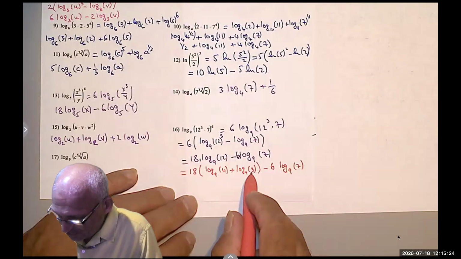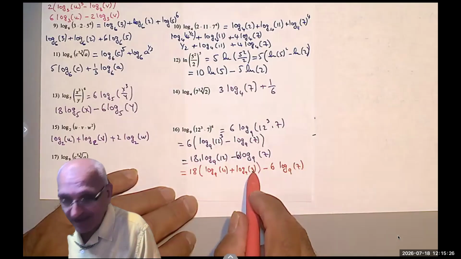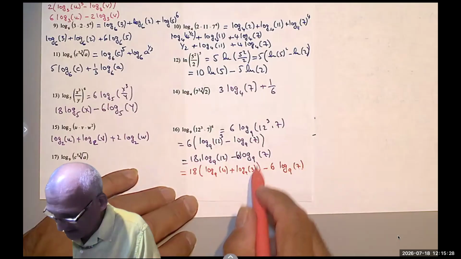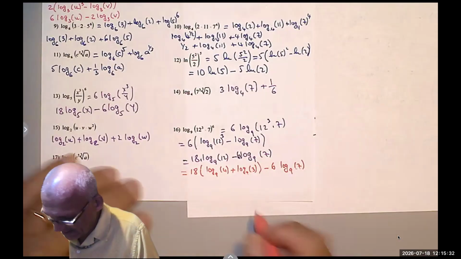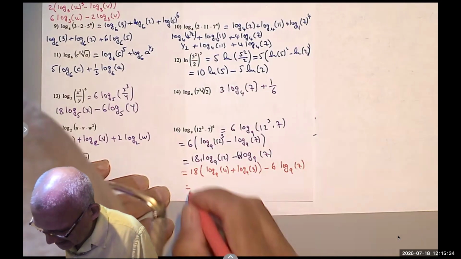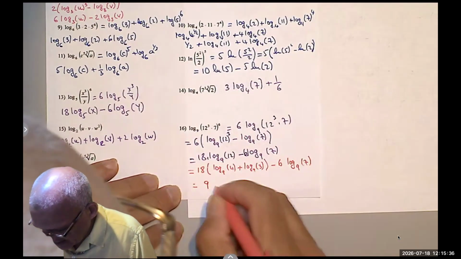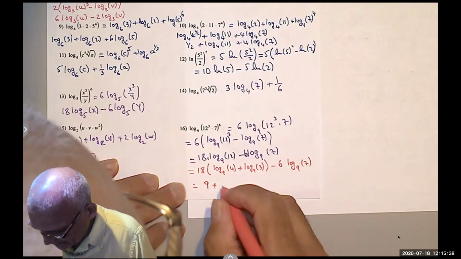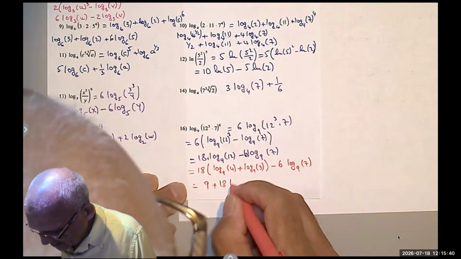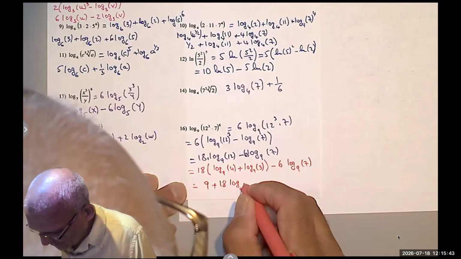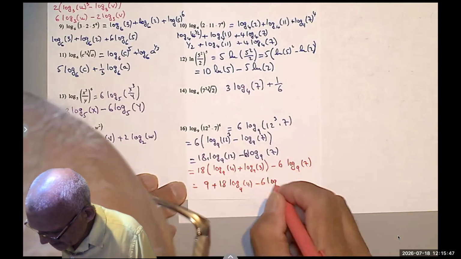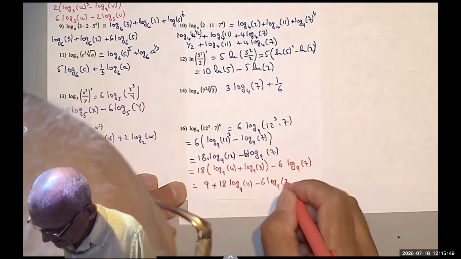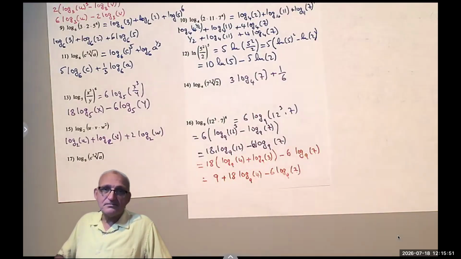Now, this is 9 to the 1/2, right? And log base 9 of 9 to the 1/2 is 1/2, and 1/2 times 18 is 9. So I have 9 plus 18 log to the base 9 of 4 minus 6 log to the base 9 of 7.